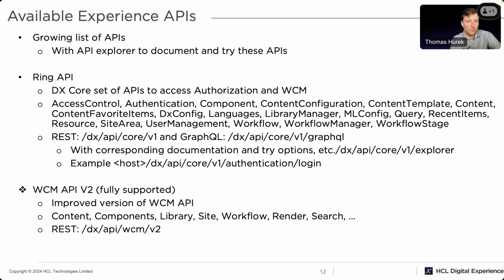More recently, we provided the Wickham API v2, which is an improved version of the Wickham v1 API. As you can see, we are building new versions of those APIs based on feedback from you, our customers. And we are also very interested in feature requests or additional requirements that you might have around that.